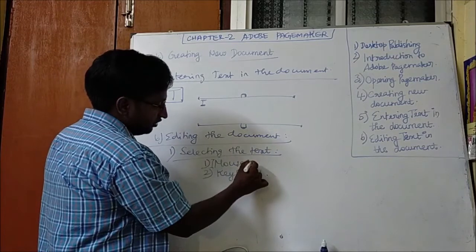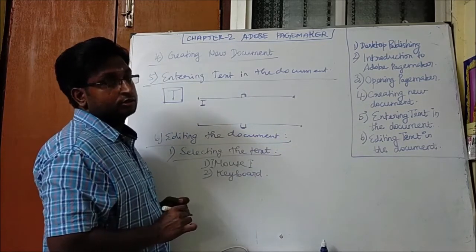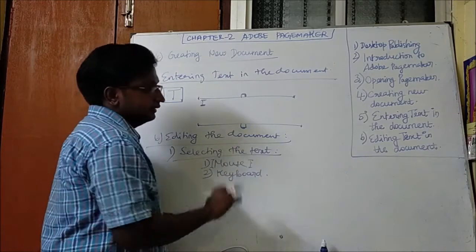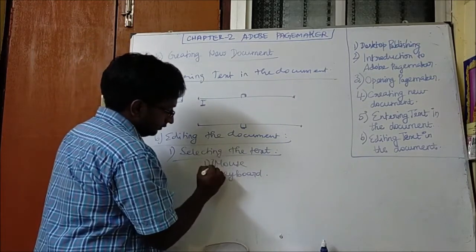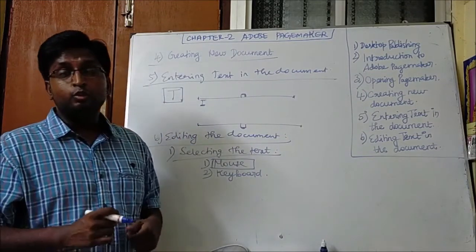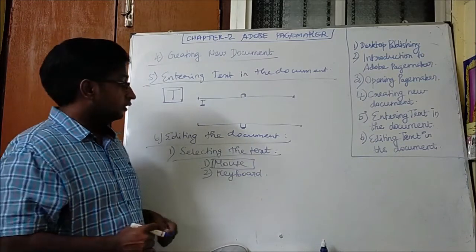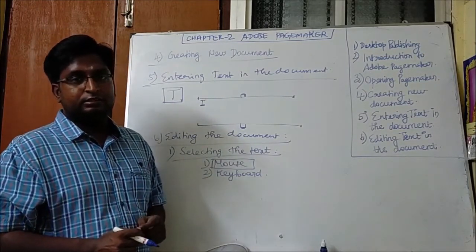After you reach the point where you want to end the selection, release the left click. Once you release, the selected text will be highlighted in blue color. So it means the text got selected.